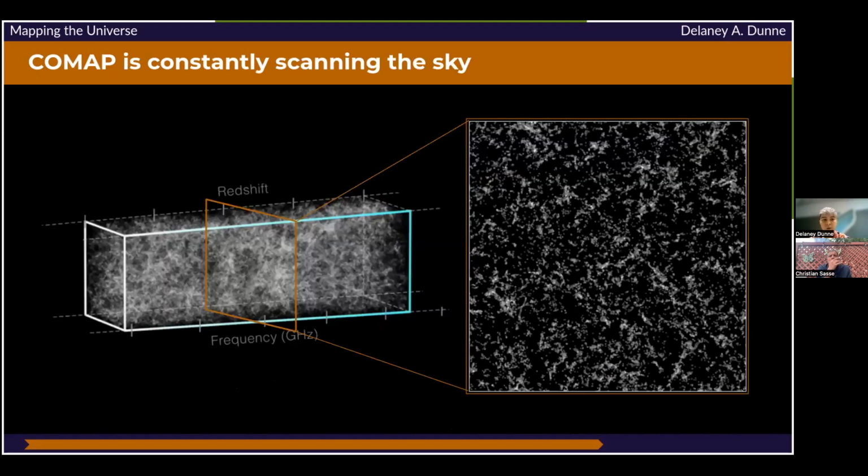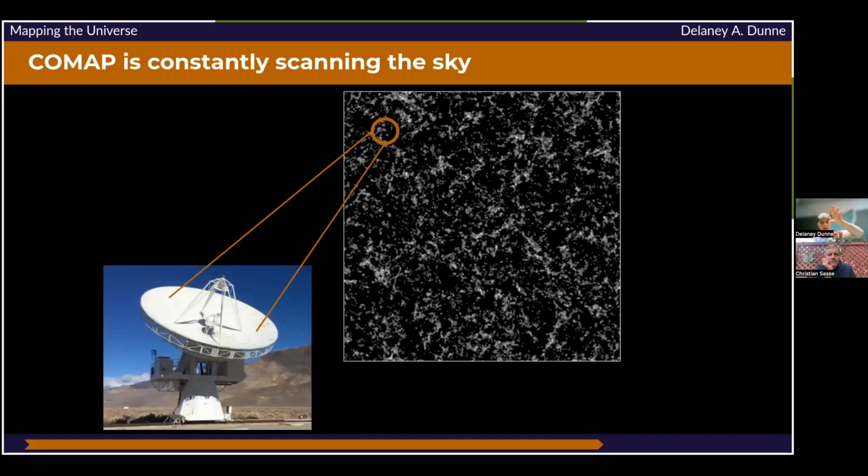And what we do when we are looking at the sky in 2D is take our big telescope, and because we have only 19 pixels, we can't really take a traditional picture where we just keep it still and take a snapshot and it does the spatial axes for us, like something with a lot of pixels can do.